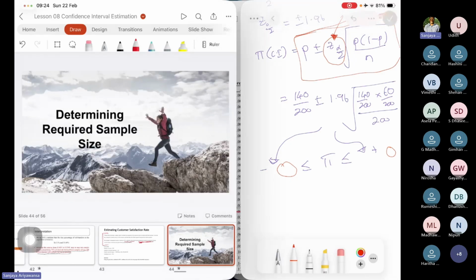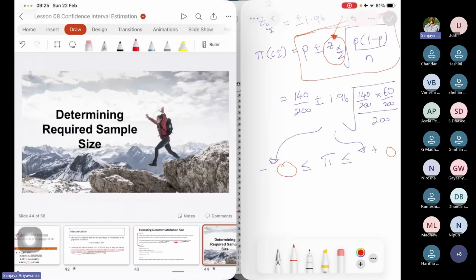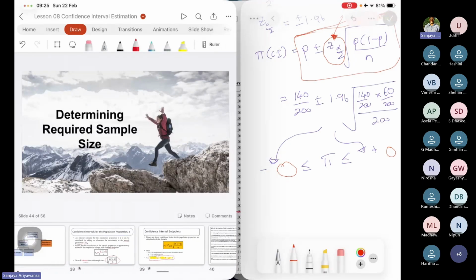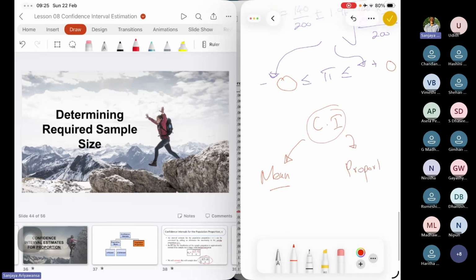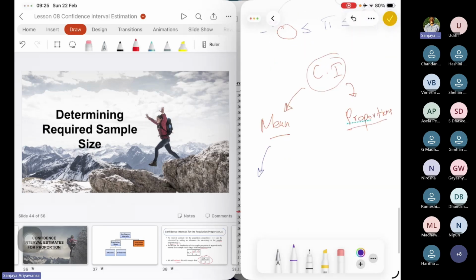I won't go into this section over here. So under confidence interval, we looked at two main things. We developed confidence intervals for mean and confidence intervals for proportions. And when we are talking about confidence interval for mean, there were two scenarios: when sigma was known and when sigma was unknown.